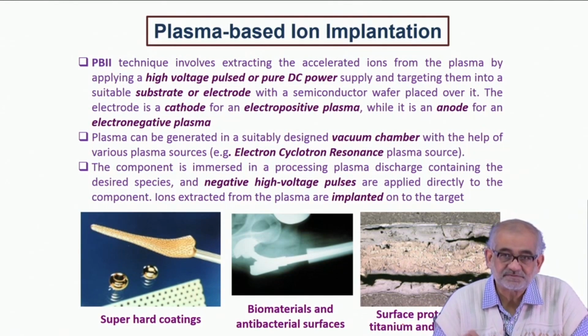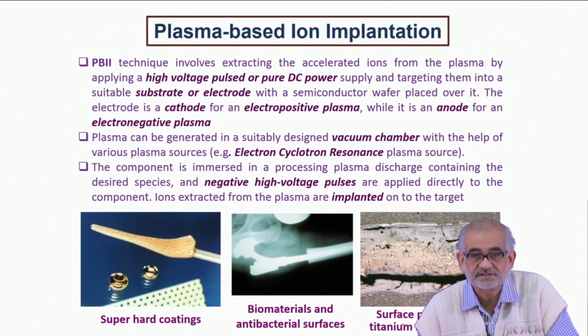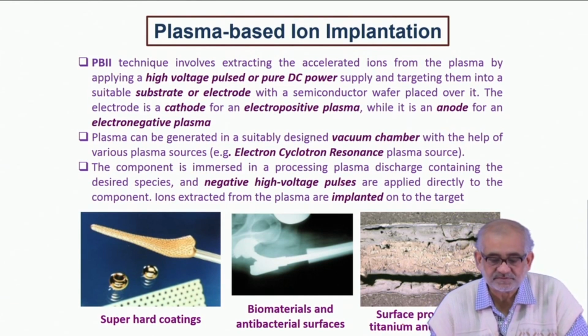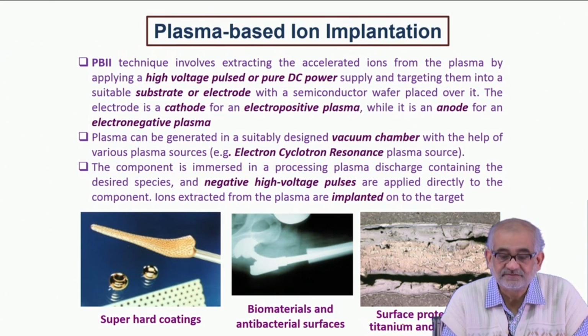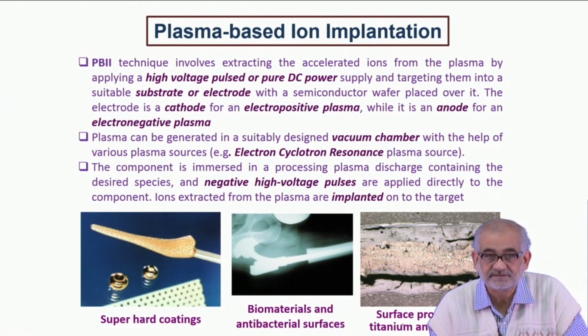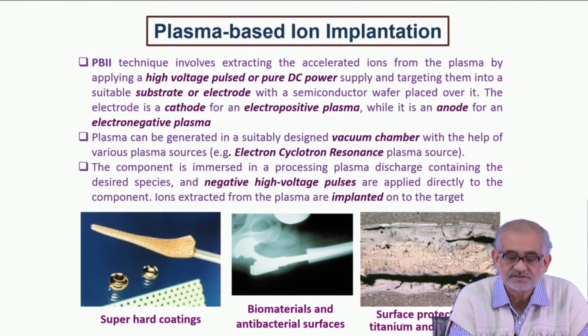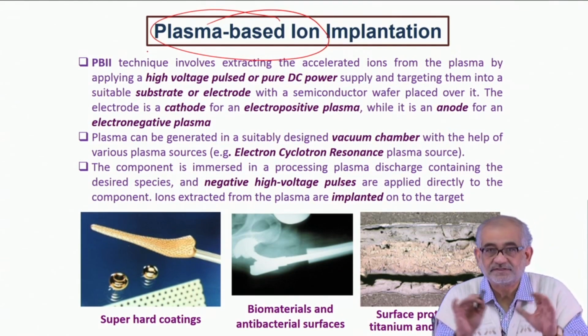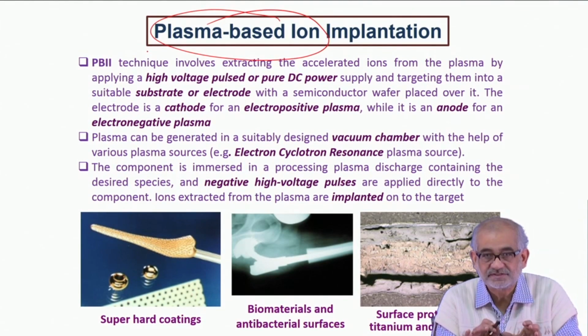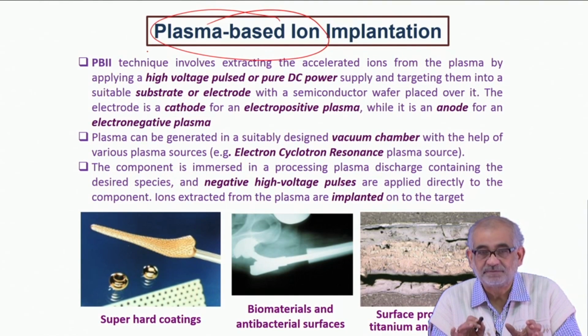Now even in plasma nitriding, we are going to discuss a little variation, an offshoot of the normal plasma nitriding, which can give us better functionality. And this is by either of two approaches. One is called plasma based ion implantation. Essentially you create a plasma environment, you insert your specimen inside the chamber, and then you apply negatively biased electrical pulses.